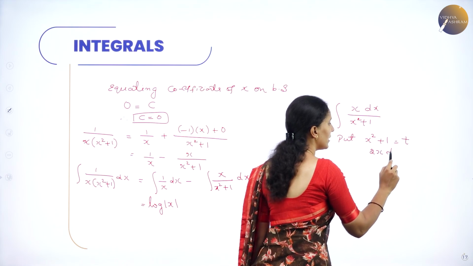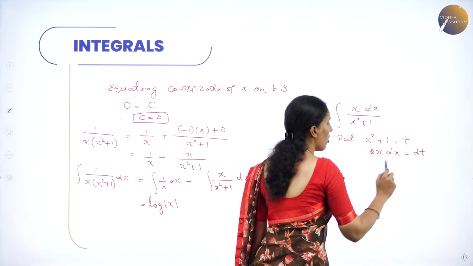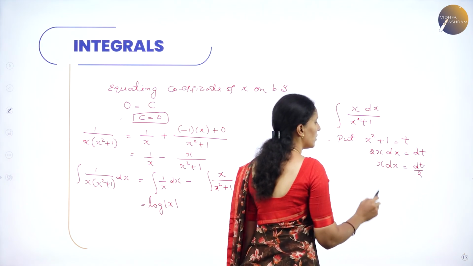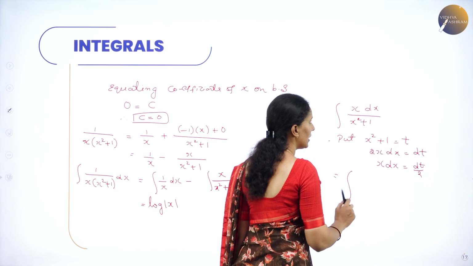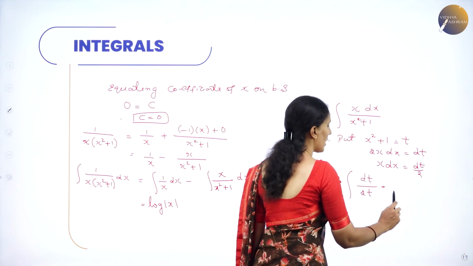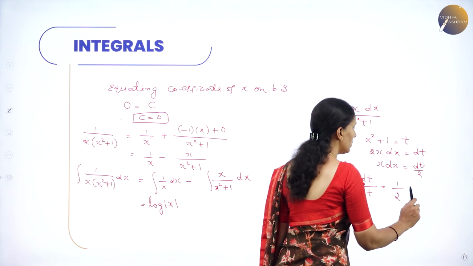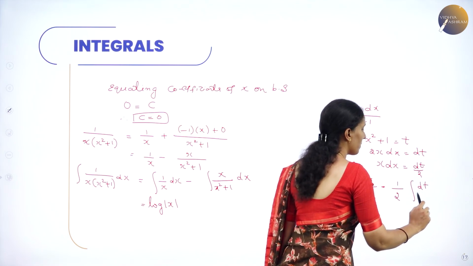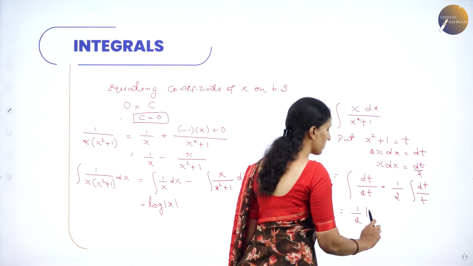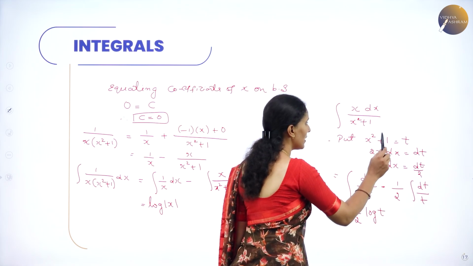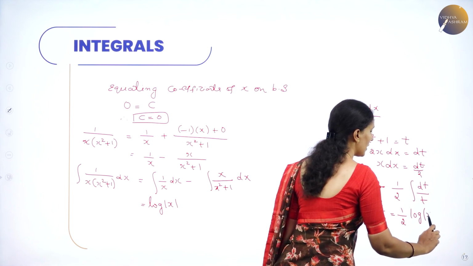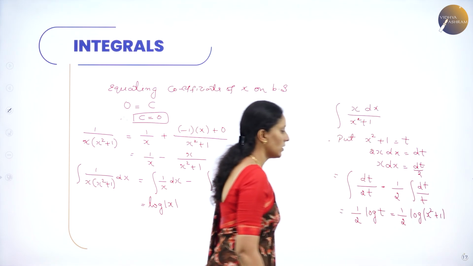Then 2x dx is equal to dt, or x dx is equal to dt by 2. So therefore, this equation becomes integral of dt divided by 2 into t. So we can write it as 1 divided by 2 into dt by t. So what is integral of 1 by t? It is log t. But what is t we have taken? So t we have taken as x square plus 1, so this gives half of log of x square plus 1. So this is the answer.